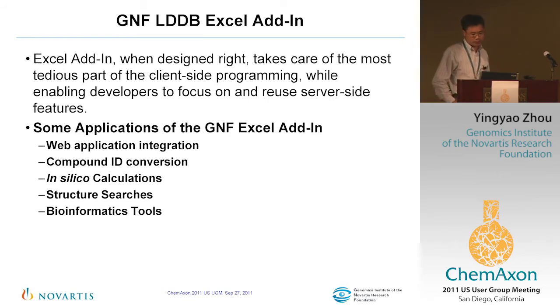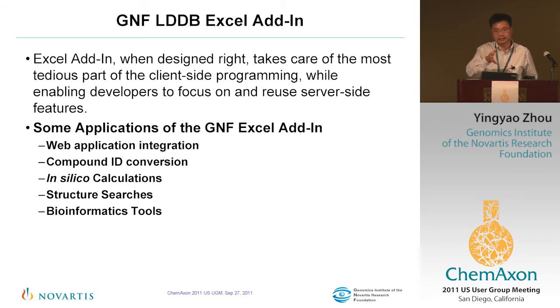So the presentation is about showing some slides and doing a demo to show you what kind of things you can do with our GNRF customized Excel add-in. I'm going to show different applications, including, for example, how you can integrate existing web applications you already developed with the data within an Excel spreadsheet. How do you do, for example, compound ID conversion? You have a list of compound IDs.